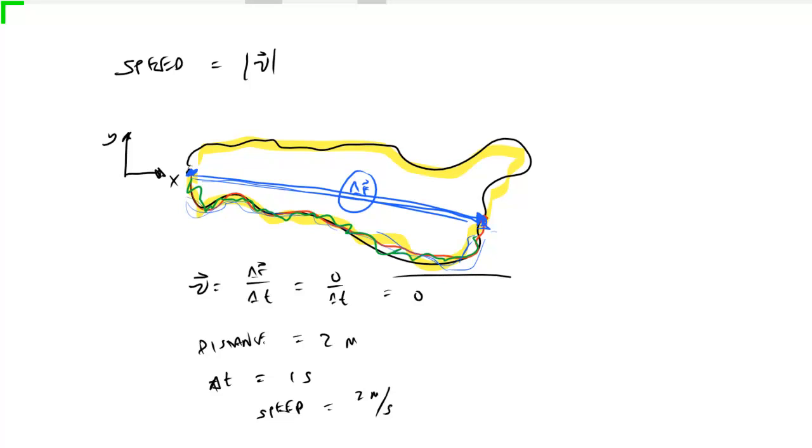As it's traveling along this way, it would have some positive velocity in the x direction, because it's traveling off to the right. But over here, it has predominantly a negative velocity in the x direction because it's traveling to the left.